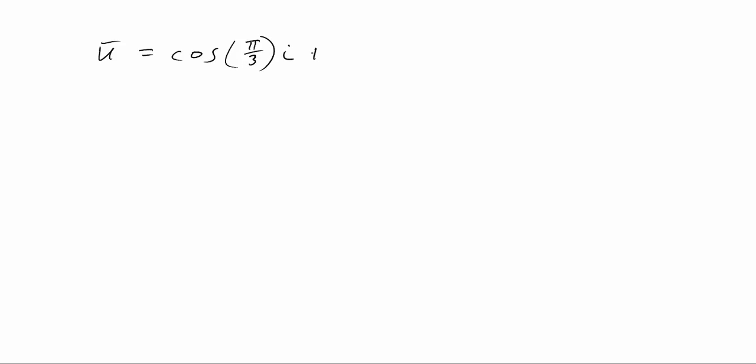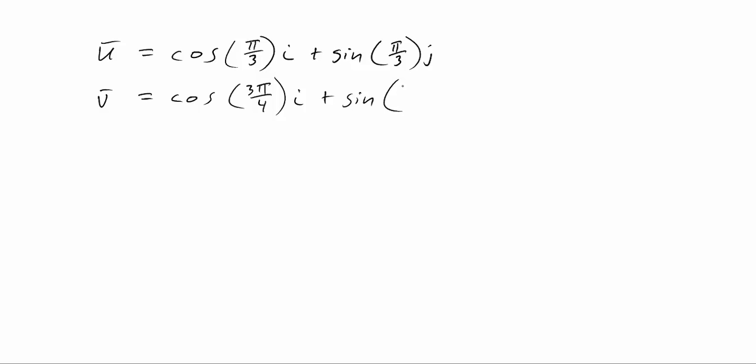All right, I do want to look at one other example here, and this one should be easy, but people tend to make it a little bit more difficult. If we have our vector written this way as the cosine of pi over 3 i plus the sine of pi over 3 j, and then our second vector is the cosine of 3 pi over 4 i plus the sine of 3 pi over 4 j.